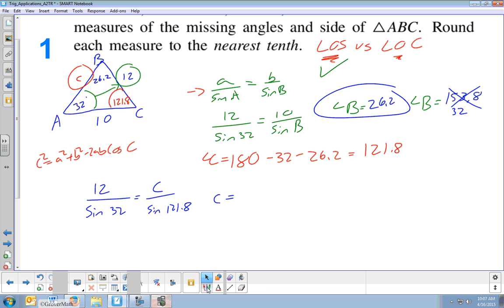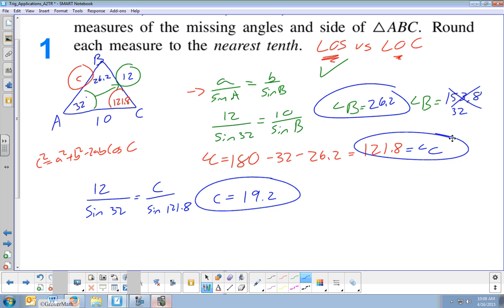And it's not surprising that's my largest side because it is opposite the largest angle in the problem. So there's my side C is 19.2. My angle C was 121.8, and my angle B was 26.2.